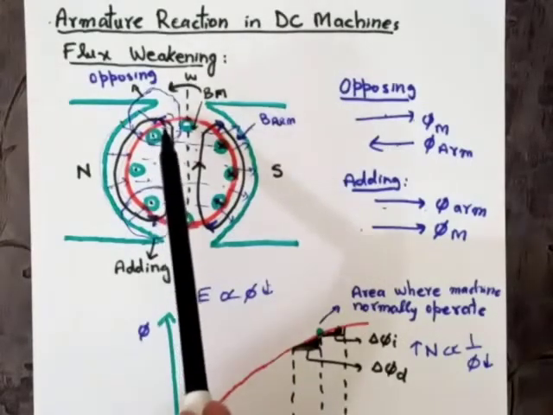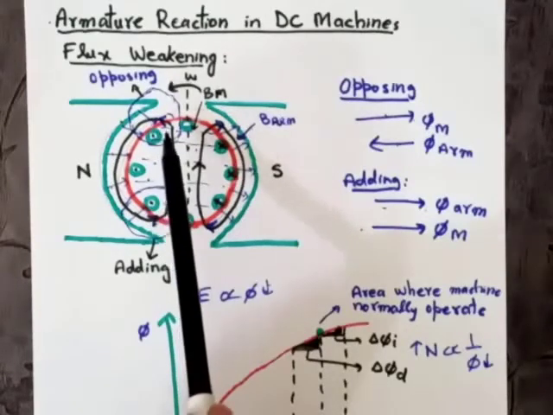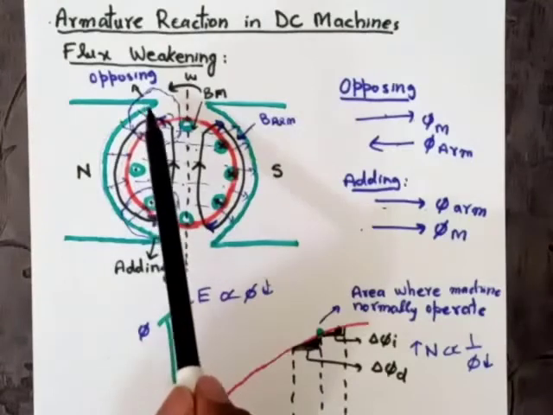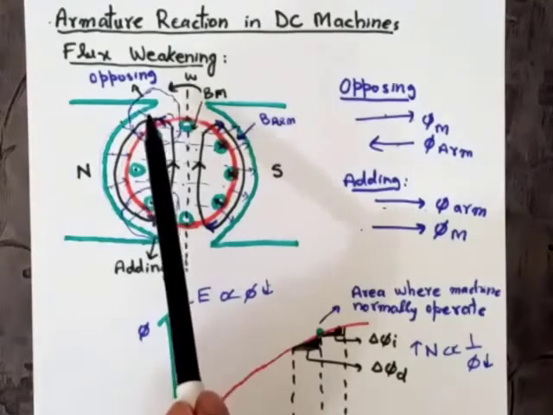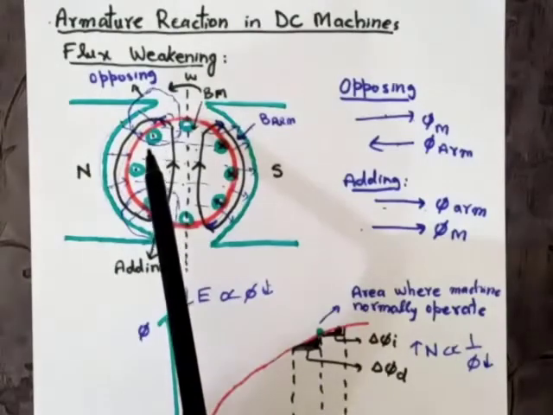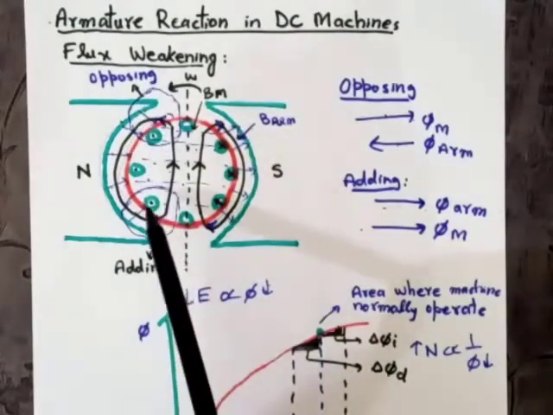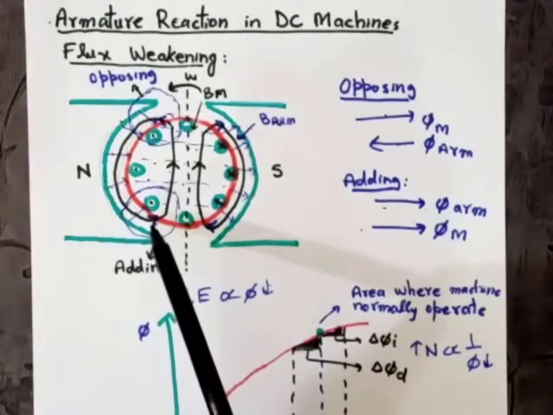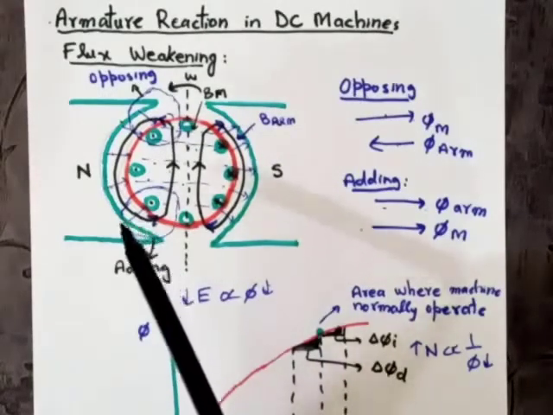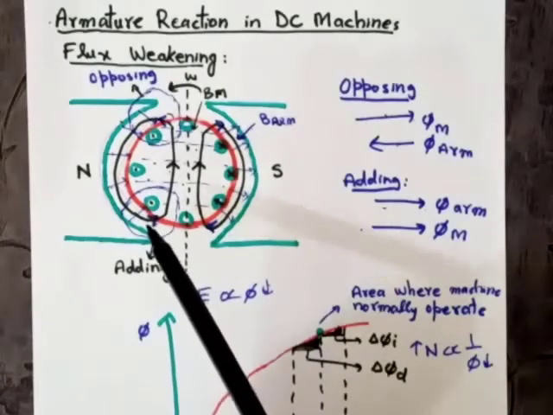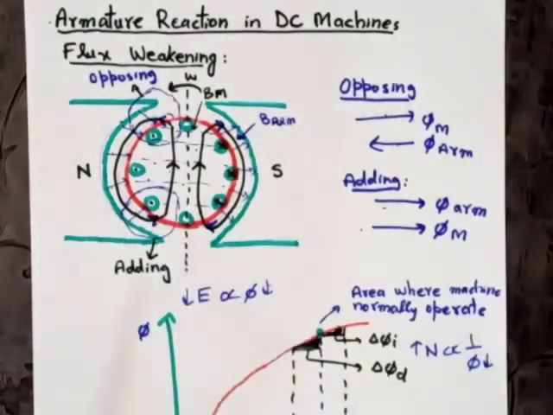You might think some amount of flux is getting added and some amount of flux is getting subtracted, so effectively the flux should be the same. Here the flux is subtracted, here the flux is added, so you might think the flux should be the same. But that is not the case.